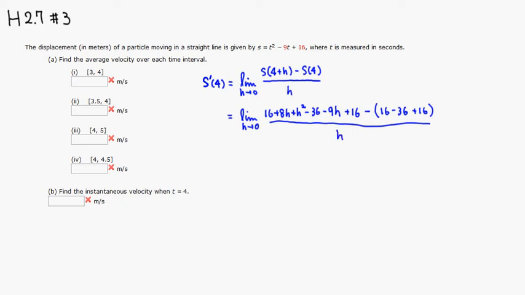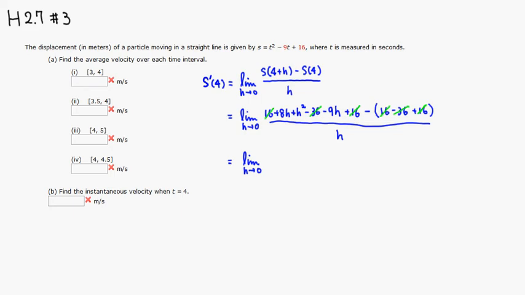Then you can cancel 16 minus 16, and negative 36 minus negative 36, and the 16 minus 16. Then we just need to simplify a little bit, so we have the limit as h approaches 0.